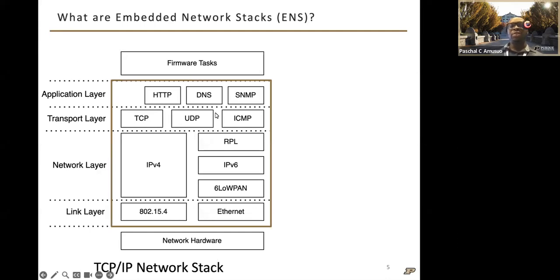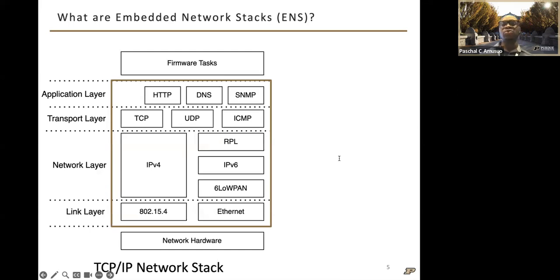But even regular operating systems such as Linux and Windows have their own network stacks. So what makes the ENS interesting to study? Regular operating systems such as Linux have software and hardware protections in place that prevent the exploitation of vulnerabilities. For example, we have ASLR, address space layout randomization, and stack canaries that make the exploitation of buffer overflow vulnerabilities very difficult.